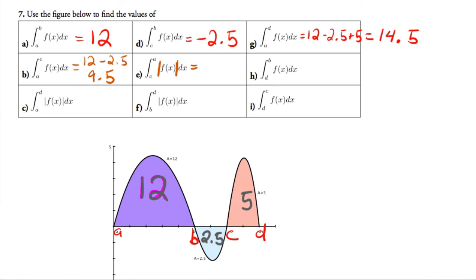Now I think I'm going to need a little bit more room here for this one. I'm going to bring this one over right here on the side. So I'm going to do the integral from c to a of the absolute value of f of x dx. Now, one of the really important aspects of this is that when you're reading the area underneath the curve from a graph, it always has to be going from the smaller number to the bigger number.